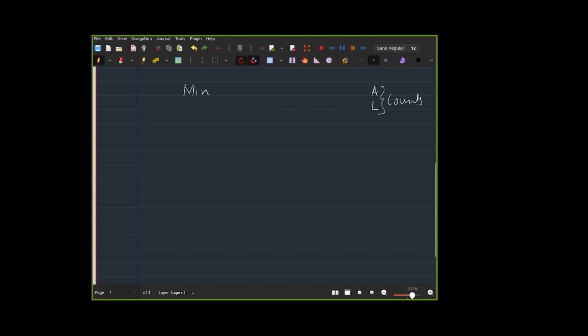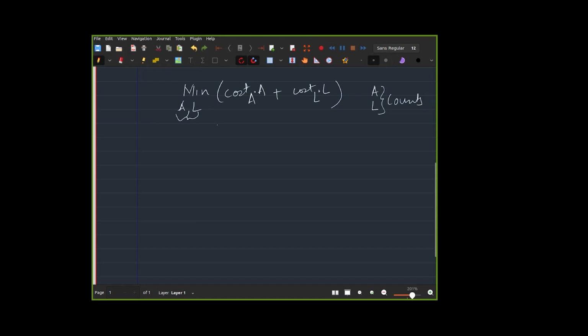My total cost would be the cost of apples times the number of apples plus the cost of lemons times the number of lemons, right? It makes sense, right? This is the total cost. And what I'm searching for is the number of apples and number of lemons. So we are minimizing over A and L. Those are my variables. These are called optimization variables.